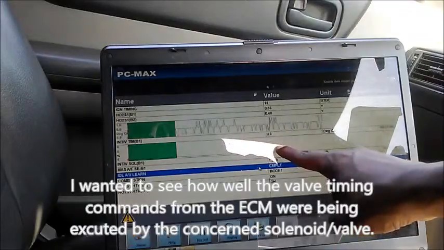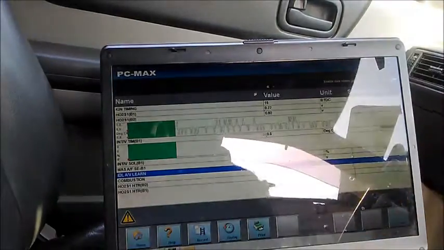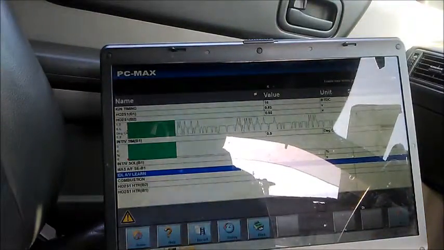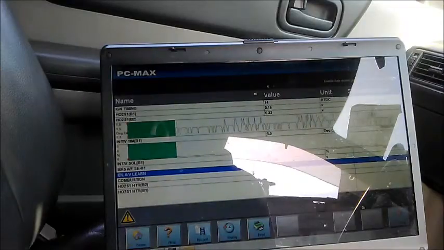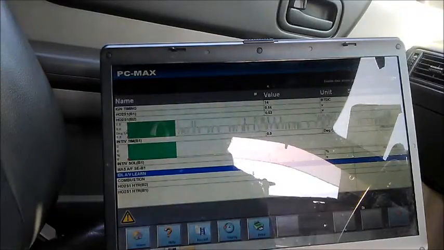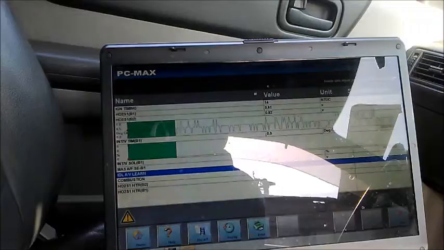This here should be the command. This should be the actual change in valve timing after actuation by the commanded valve.